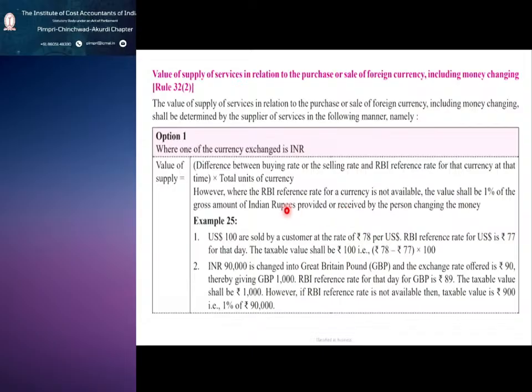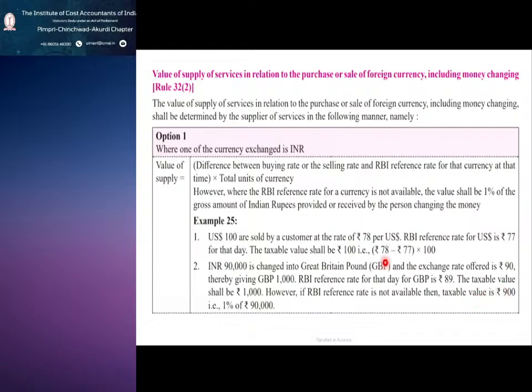Case 2 is RBI reference rate not available. In that case, the value shall be 1% of the gross amount of Indian rupees provided or received by the person changing the money. You can have a look at the same. 90,000 is exchanged into GBP and the exchange rate is rupees 90, thereby giving GBP 1000. The RBI reference rate for that day is 89.